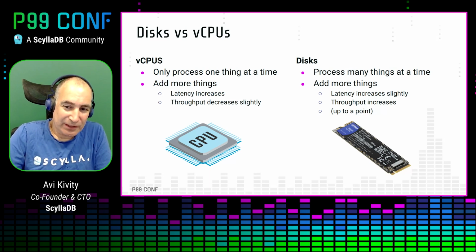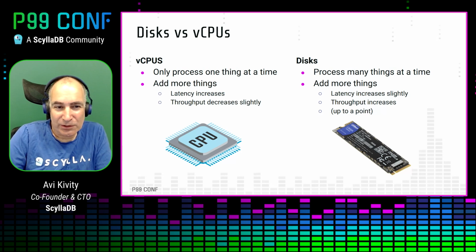Now, you may tell me that CPUs these days are more like this, and you would be correct, because now processors have a large number of vCPUs. So if you run things in parallel and distribute them on all the available vCPUs, you will get higher throughput.